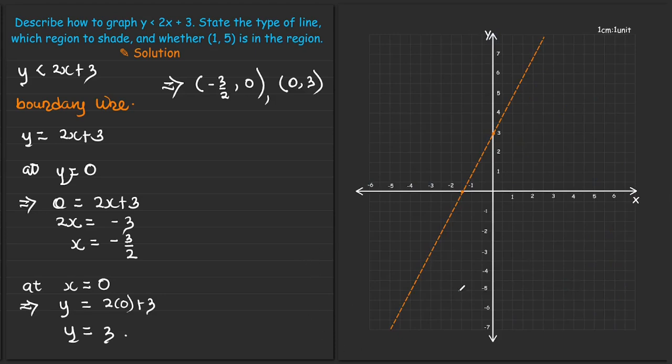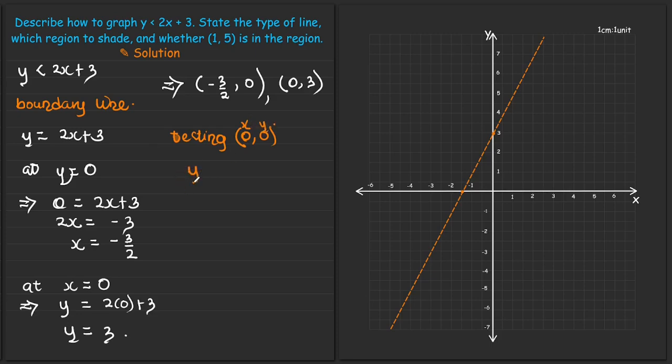And how do we do that? We said you pick any point at all, but it is easier with the origin. Testing with the origin, we know the coordinate of the origin is 0, 0. That simply means our x coordinate is 0 and our y coordinate is 0.